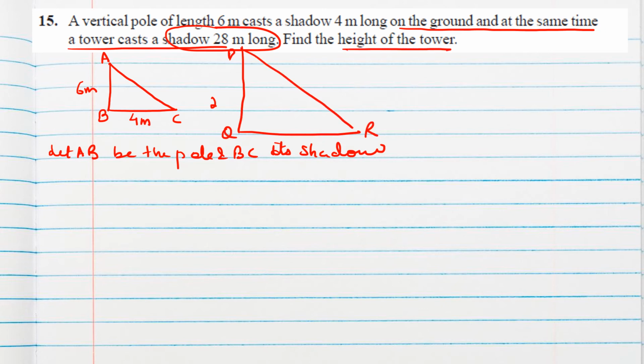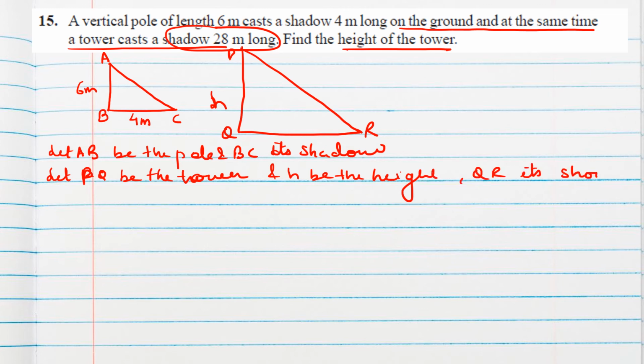So height of the tower is not given, so we will suppose let PQ be the tower, and H be the height, QR its shadow. So QR length is given, 28 meter long.